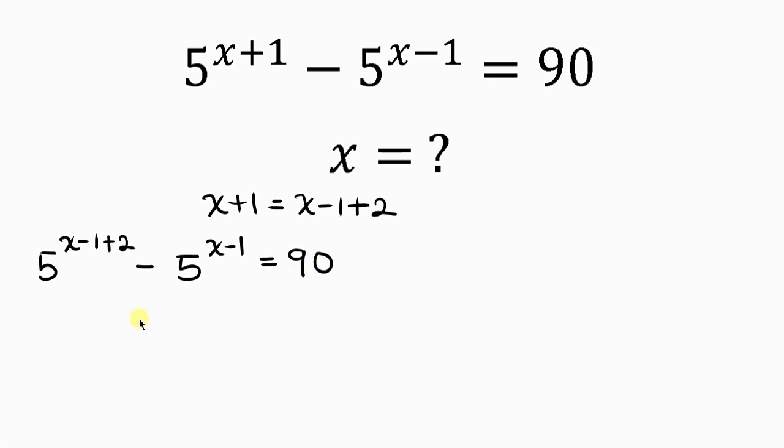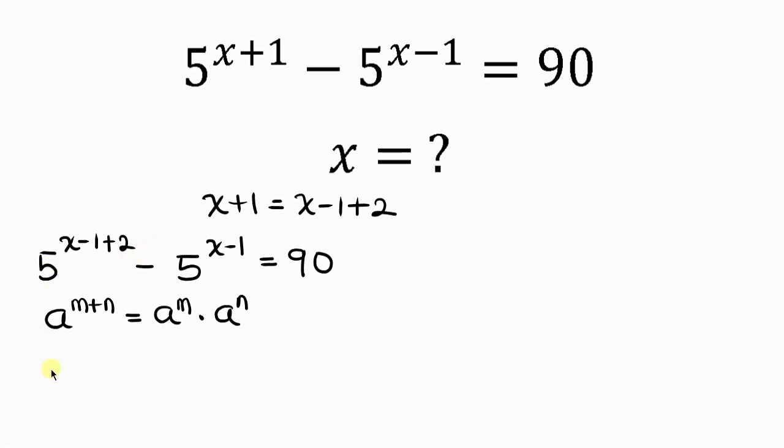Very good. Now, our next step will be for us to apply the law of indices, which says when I have a to the m plus n, this is the same as a to the m times a to the n. So we're going to be applying this here.